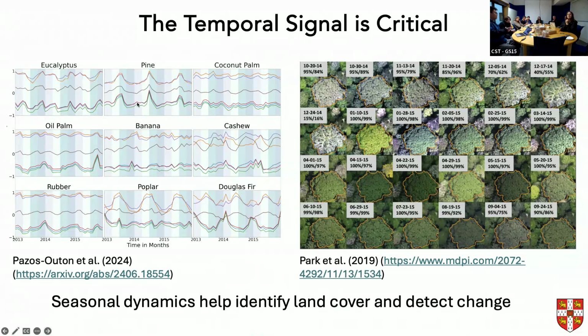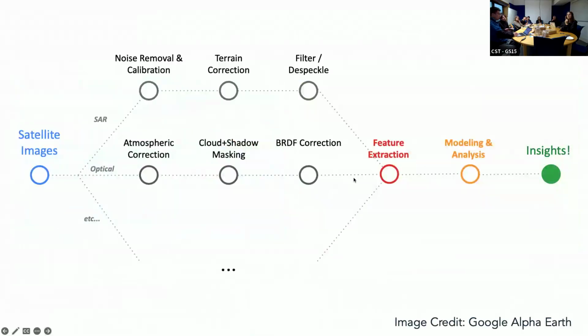But if you composite them, then essentially you lose all this temporal signal. That's why we're not doing that, because this is so important. In summary, the seasonal dynamics help us identify land cover and also detect these changes.